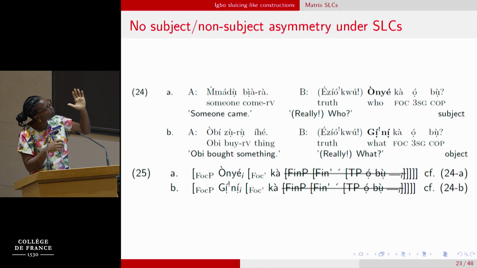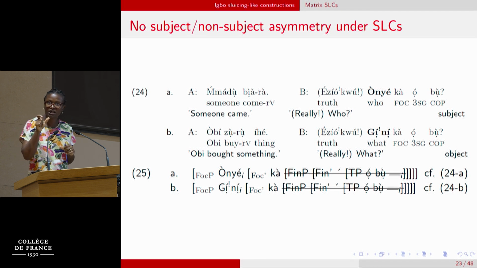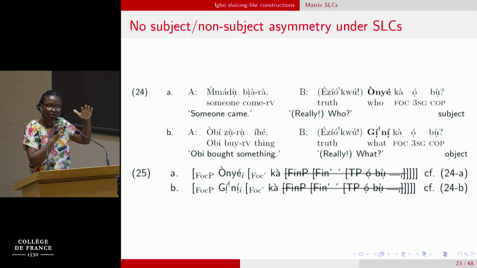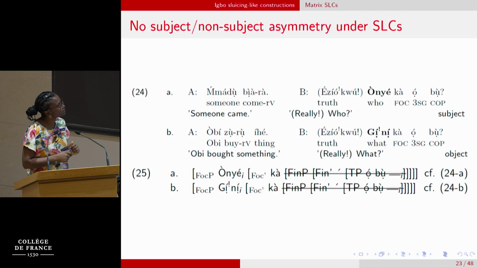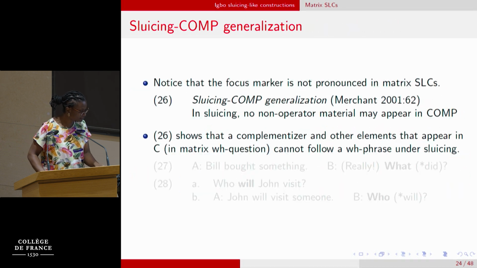And in the case of 24b, where the correlate is in the object position, the same idea applies: for the copular clause, this "what" element is also the post-copular DP, which is moved to the specifier of the focus phrase, and the rest of the clause is deleted. So that's what is shown in 25.